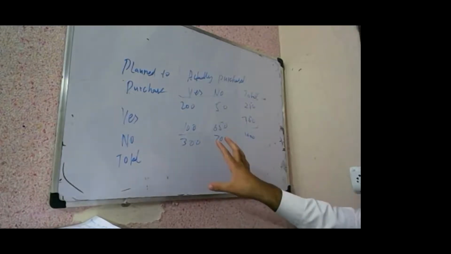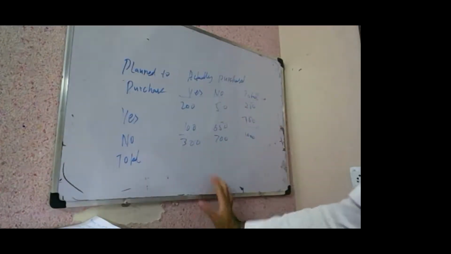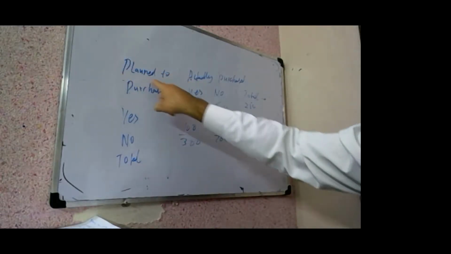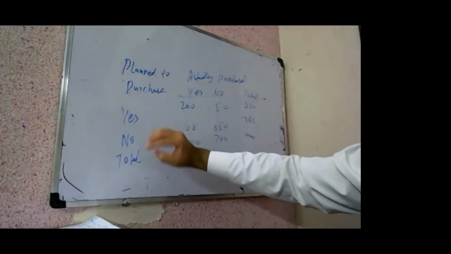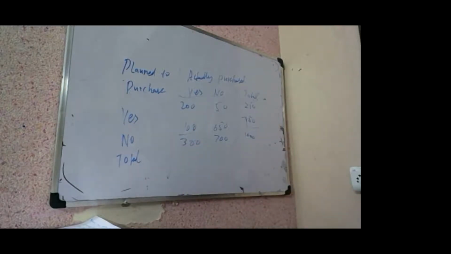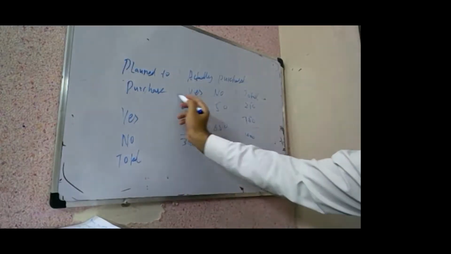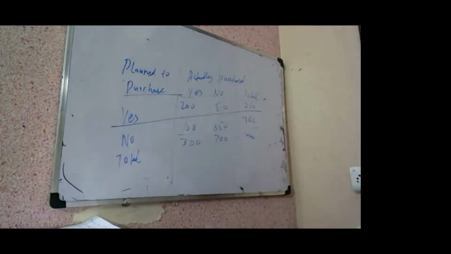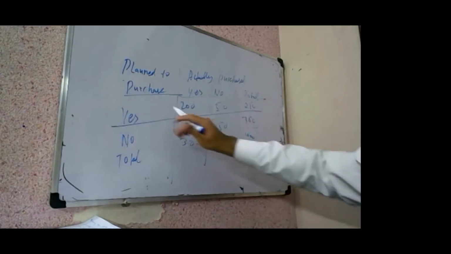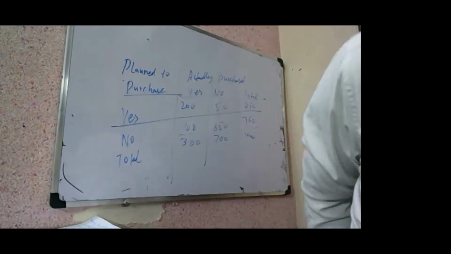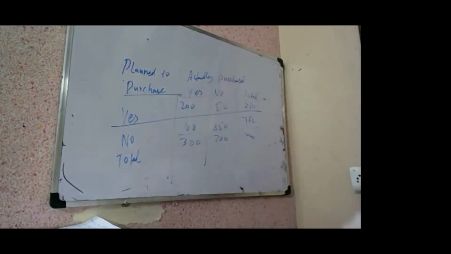Here, there's an intention of a resident of a household to purchase. Intention to purchase. So if there are total 1,000 residents, it's a contingency table. You already know about this. So 200 residents are having intention to purchase, and they did purchase it, any product you can say, like mobile phone, TV, car, or any product.